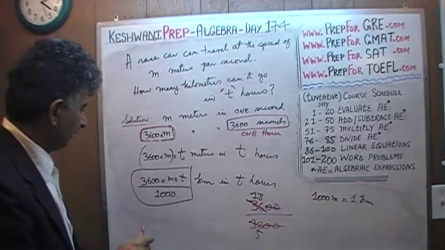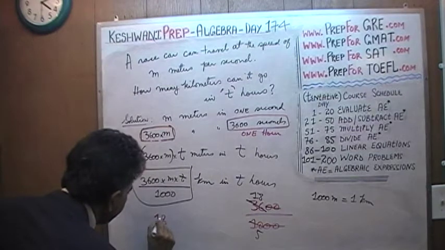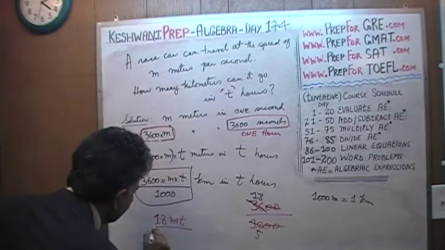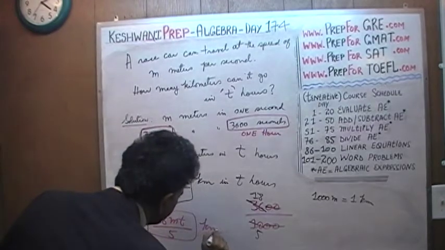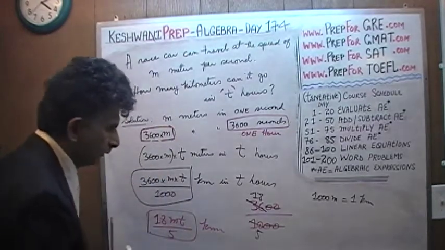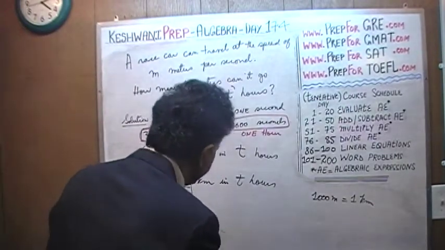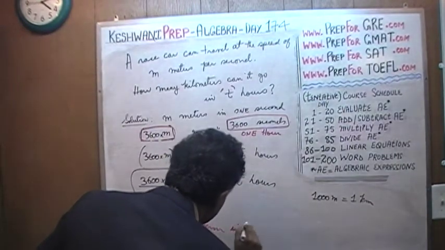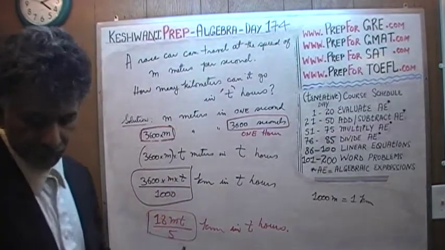So we have 18 times m times t over 5 kilometers in t hours. Voila.